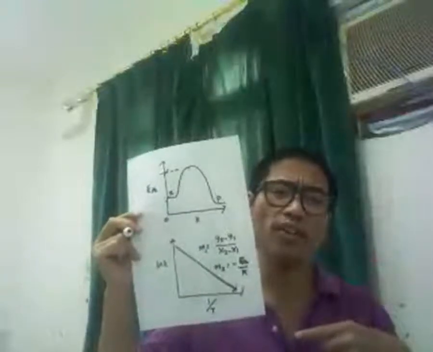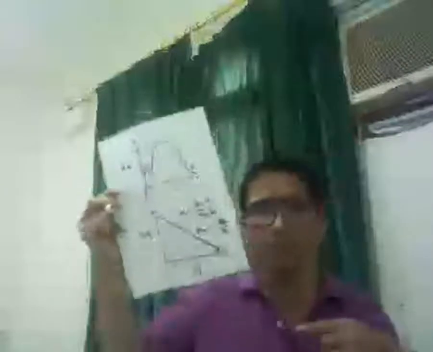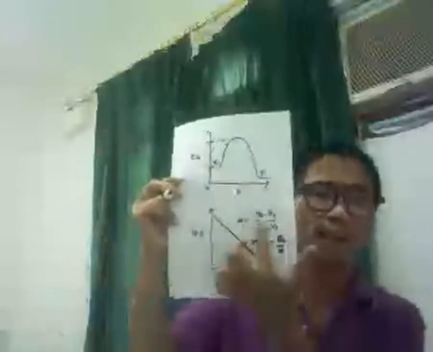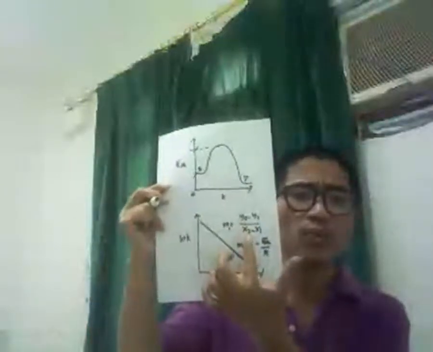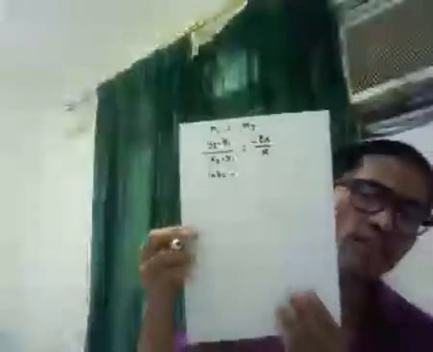For the directly proportionality concept. So y2 will be ln k2, minus y1, which is also ln k1.